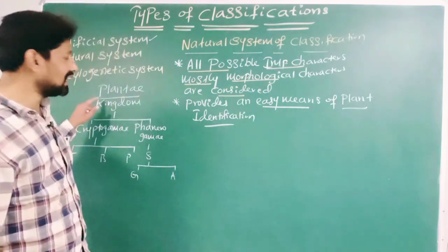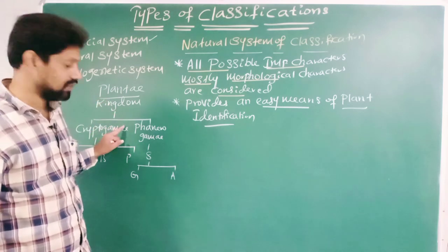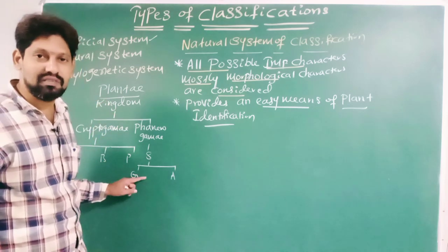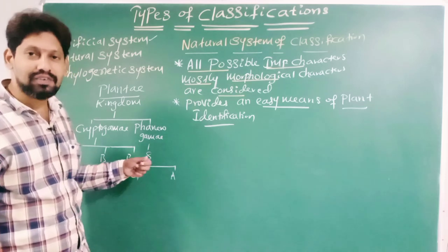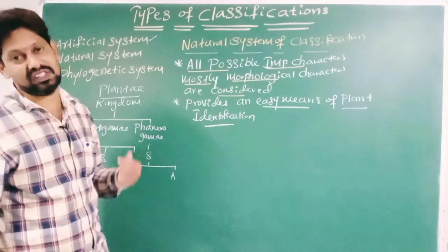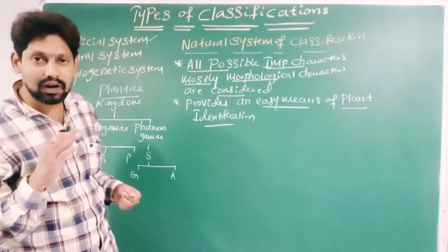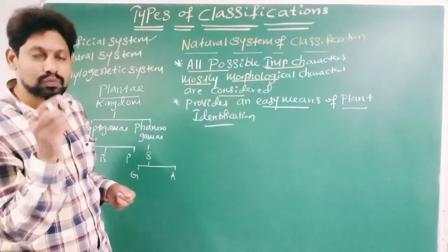Here we started with kingdom, then subkingdom, division, subdivision, class, subclass, series, order, family, genus, species. Like this we divide until we get the smallest group.